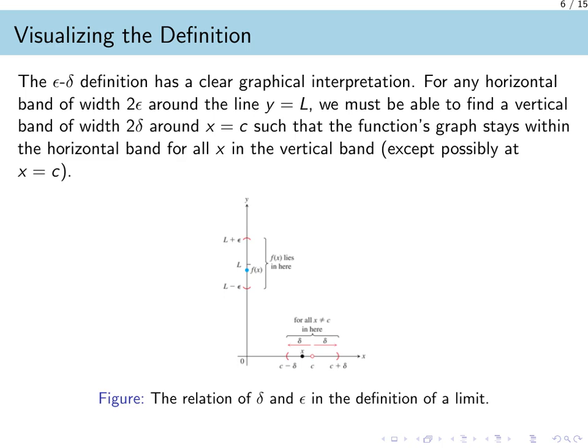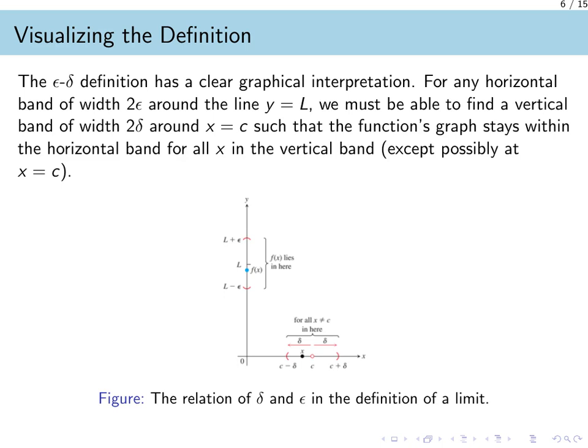Let us visualize what the formal definition of a limit really means. The core idea is a challenge and response game for controlling a function's output. First, you challenge me by setting a desired output tolerance, which is the horizontal band of width 2 epsilon centered on the limit L. My task is to respond by finding an input tolerance, which is the vertical band of width 2 delta around the value c, that is narrow enough to trap the function's graph.